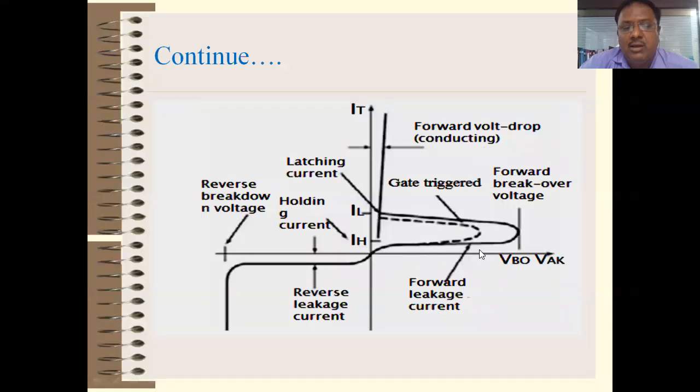This region is called the forward blocking region. You just see the cursor. It shows which region is called forward blocking. As you increase VAK, the current is ideally zero, but practically a small amount of current flows due to minority charge carriers, and that current is called the forward leakage current. So this region is called the forward blocking region.